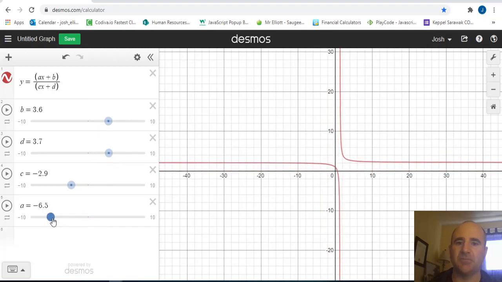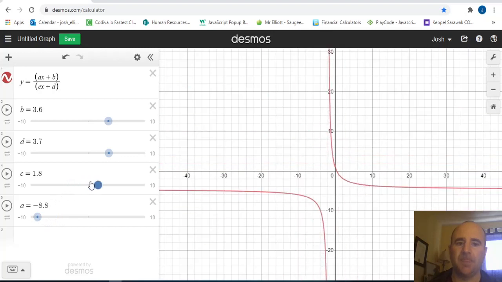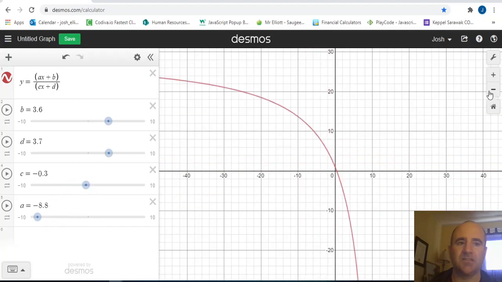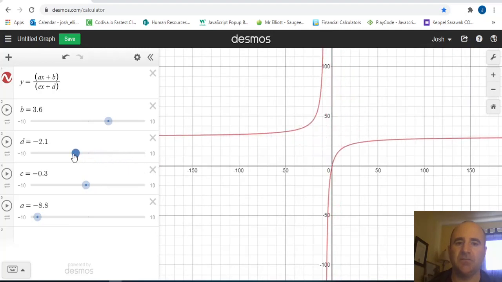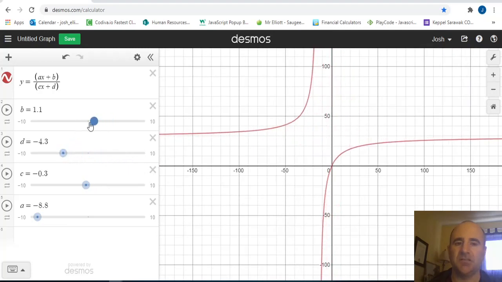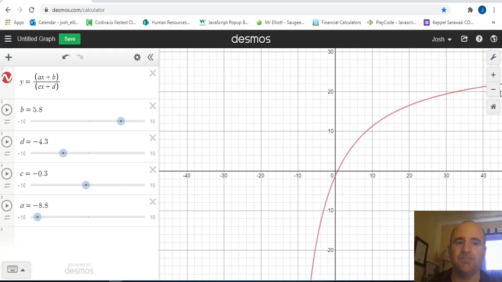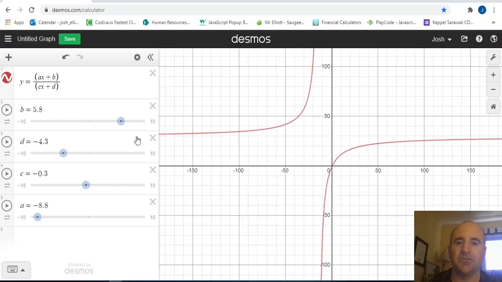Okay, so there I'm changing my a value. Here I can change my c value. Okay, notice that's still the same shape, by the way, if I zoom out. I can change my d value. And you can see that no matter what the a, b, and c values are, we basically end up with this same sort of shape. We just might need to zoom in or zoom out to get a better look at it.